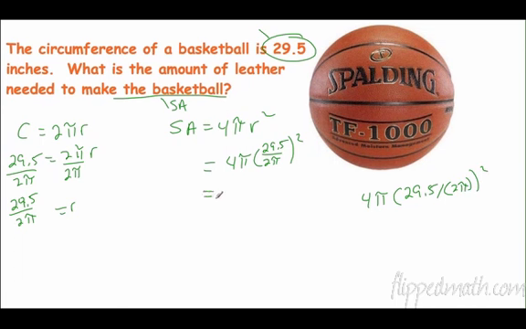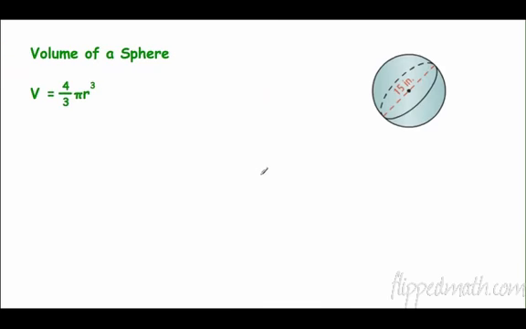When you do all those calculations right up to the end, if you just hit enter, you should get 277.0 inches squared. So the amount of leather needed for one basketball is 277 inches squared.